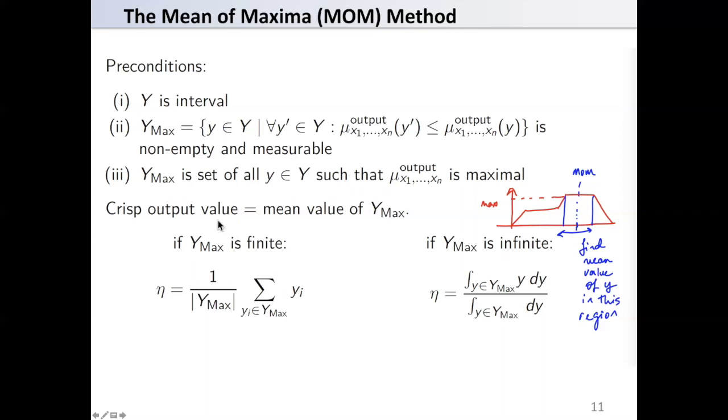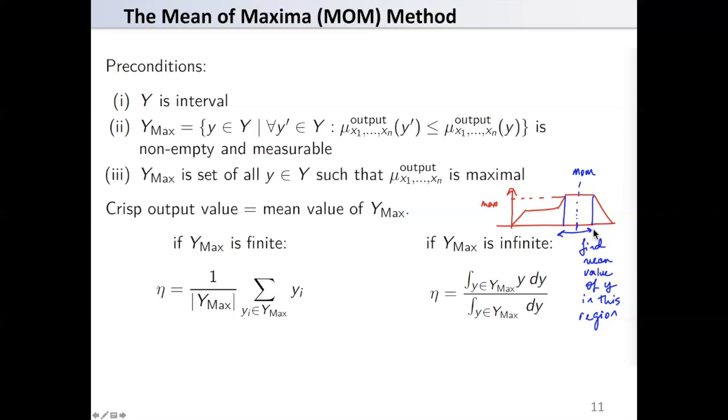If we have a finite number of y values, then we sum up all y values for which the membership value is maximum, and we divide the result of the summation by the number of elements considered here. In this way, we find the mean of the maxima.